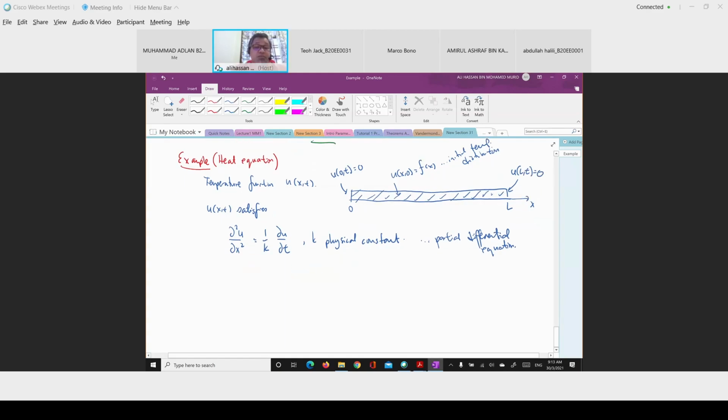Using the technique of Fourier series, it can be shown that it has infinitely many solutions.